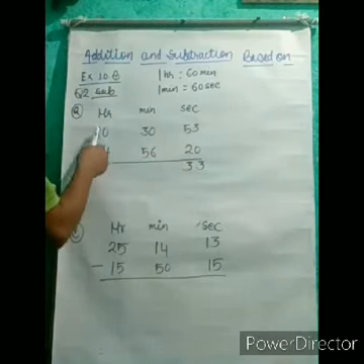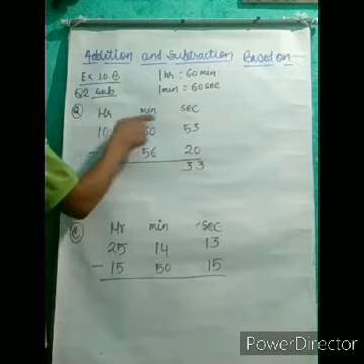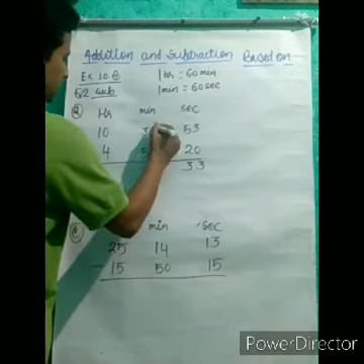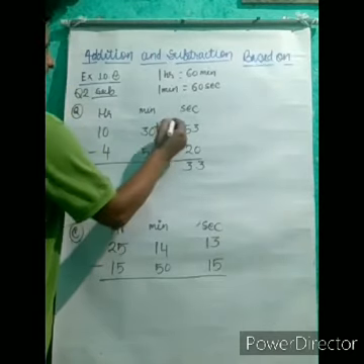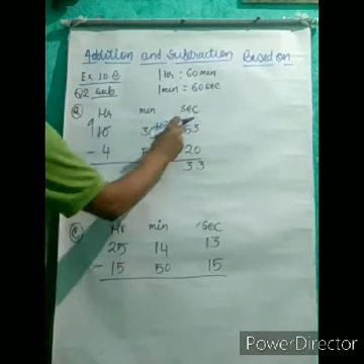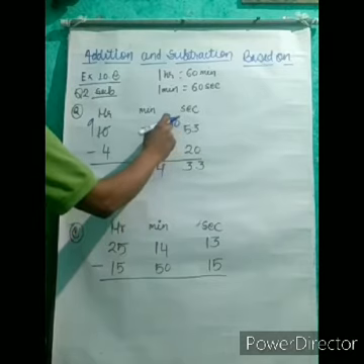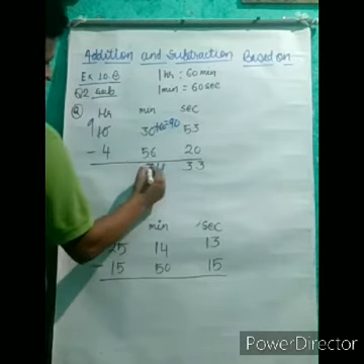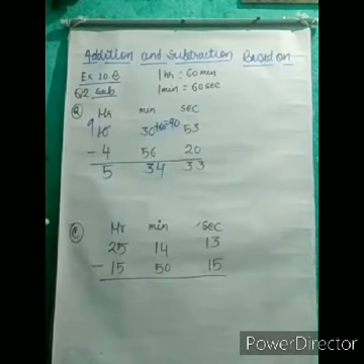So what you will do, from here you will take a borrow. 1 hour we will take as borrow. 1 hour means 60 minutes we are taking. 60 minutes means 30 plus 60, 90. Here we left 9. Subtracting 90 minus 56, 4 and 9, 8 minus 5, 3. 9 minus 4, 5.